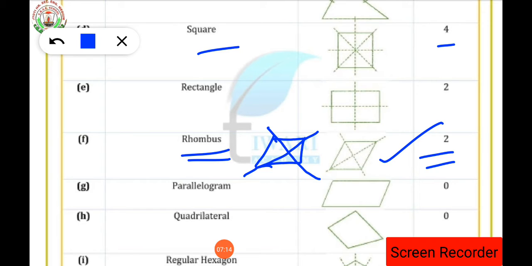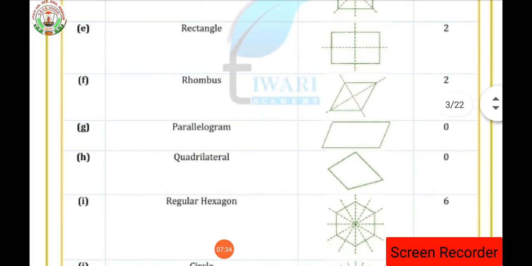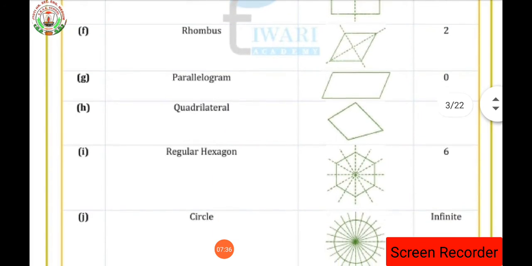Clear? In a parallelogram, 0 lines of symmetry are possible, and a general quadrilateral also always has 0 lines of symmetry. Clear up to here?